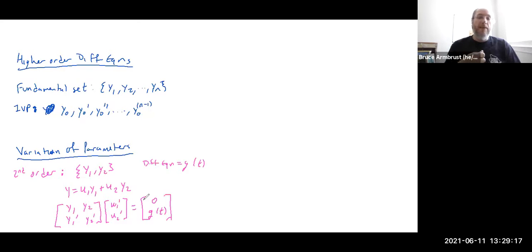We also did it because it made the subsequent derivative a little bit nicer. Things went away and led to the second equation, y1 prime times u1 prime plus y2 prime times u2 prime equals g of t. This matrix, of course, is the Wronskian.